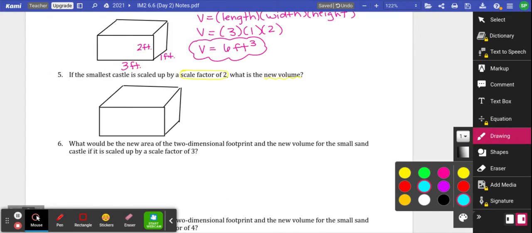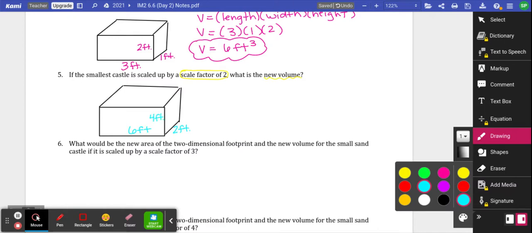So if we take the length, the width, and the height and multiply by 2, we're going to get 3 times 2 for length. So that's going to be 6 feet. The width is going to be 1 times 2, so it's going to be 2 feet. And then if we take our height of 2 and multiply that by 2, we get 4 feet for the height.